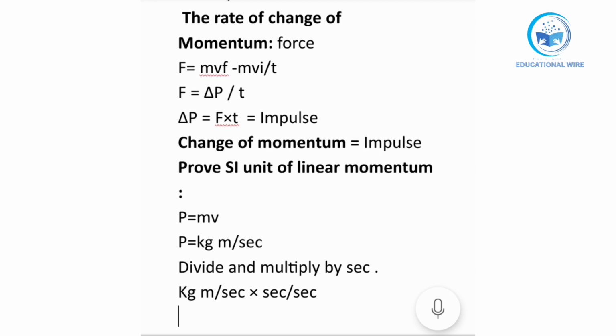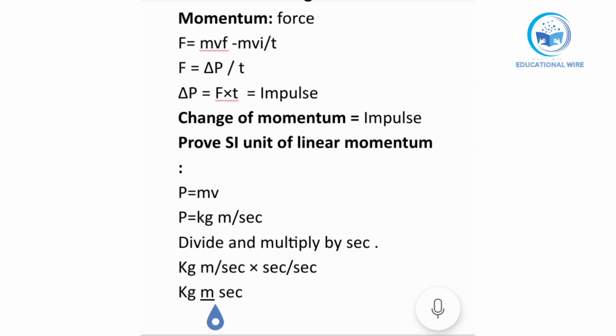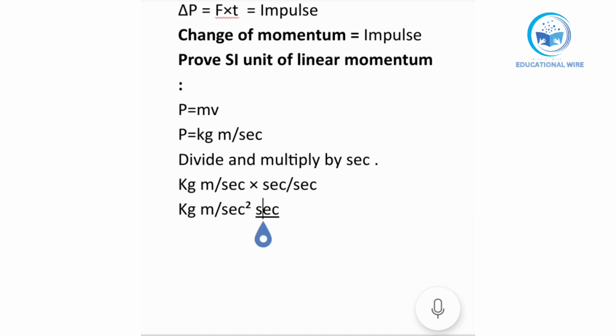Now you can see that second is multiplied with kilogram meter, so we will write here kilogram meter, and upon second is multiplying with second, so it will be second square. So we can write kilogram meter per second square into second. Okay, one second remains.